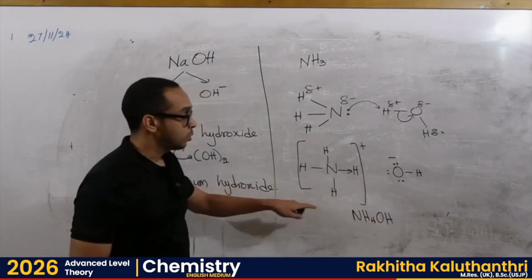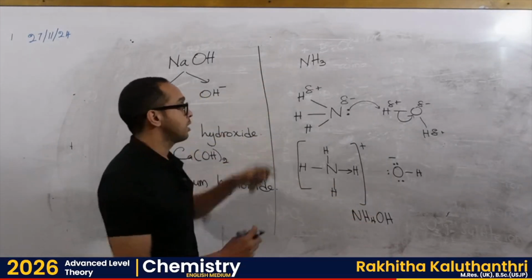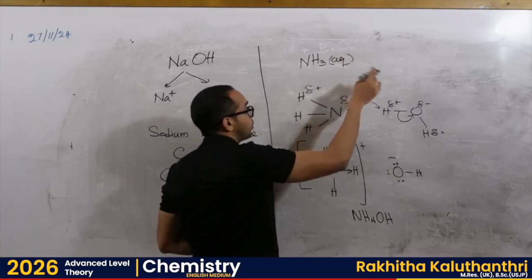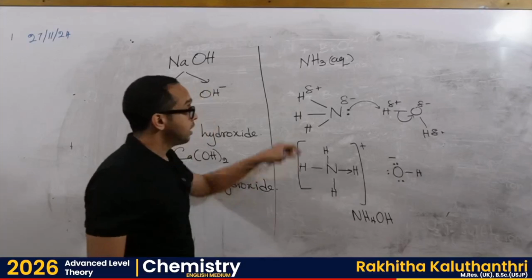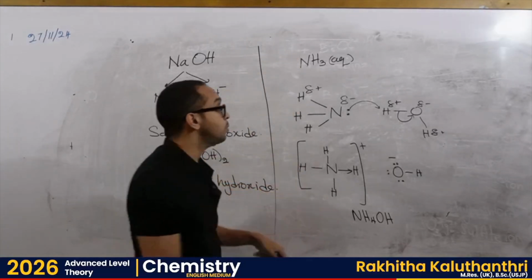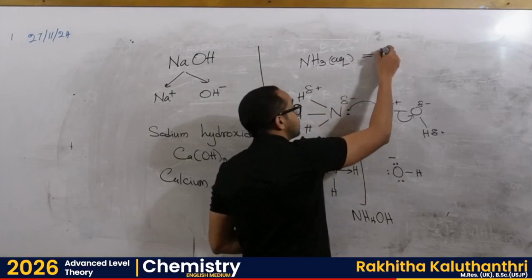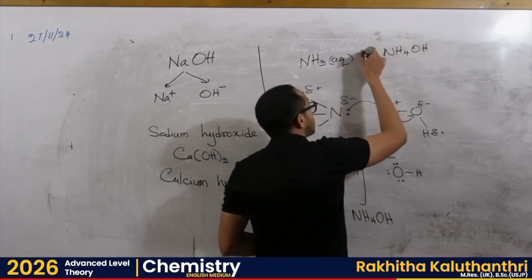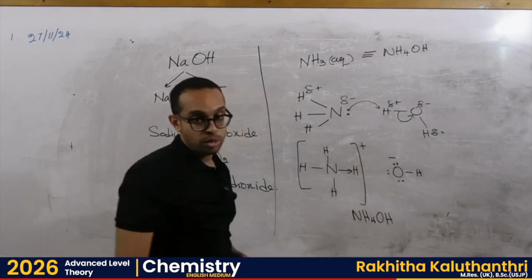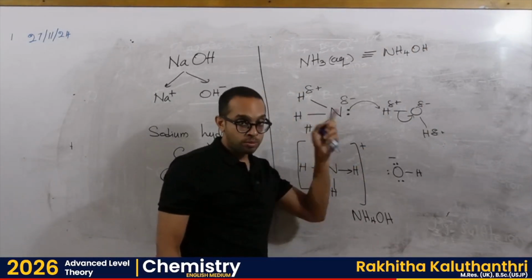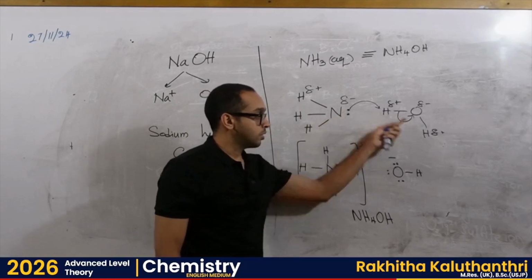Is that clear? So what we know as ammonia, especially if you have written it as aqueous ammonia, and gaseous state ammonia doesn't act like this. Aqueous ammonia is basically equivalent to ammonium hydroxide. We can say they are somewhat equivalent to ammonium hydroxide, because in the aqueous medium, not all of the ammonia, but most of it undergoes this change.